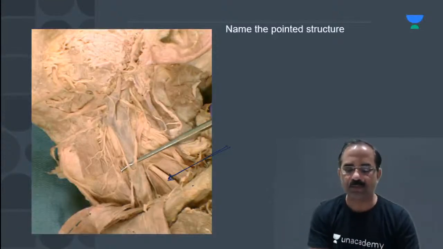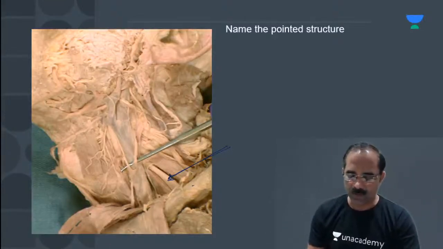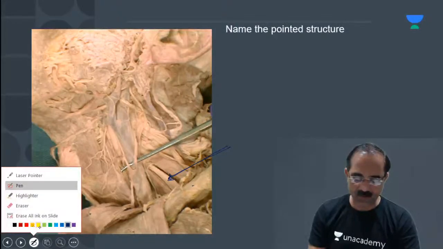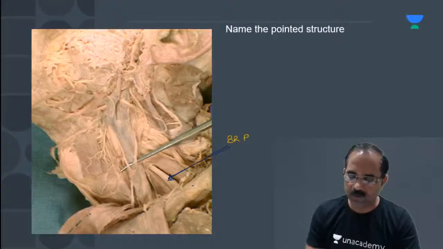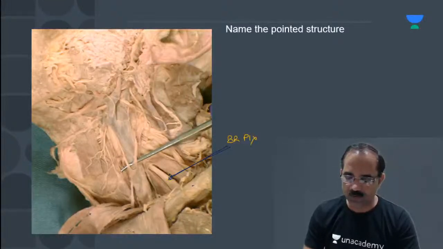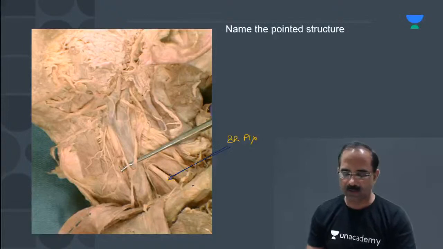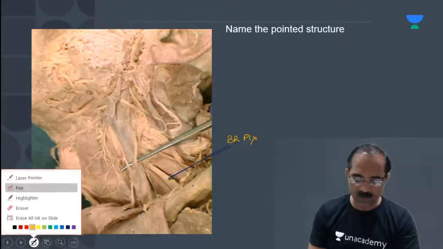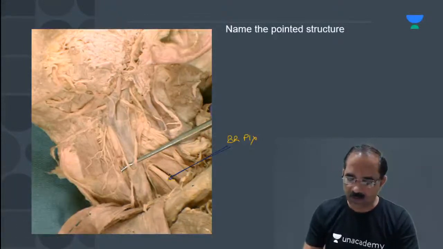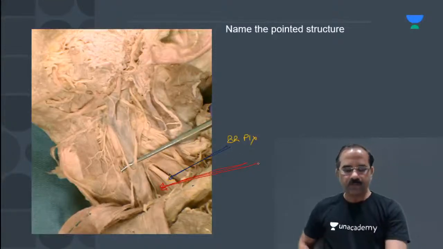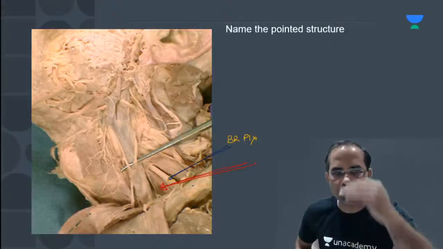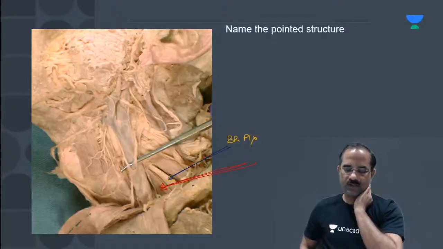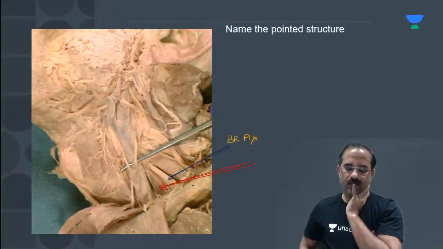Okay, let me see. This is the brachial plexus. Yes, the cord-like structure which I pointed is the brachial plexus. If that's the brachial plexus, students, what is the muscle in front of the brachial plexus going to be?